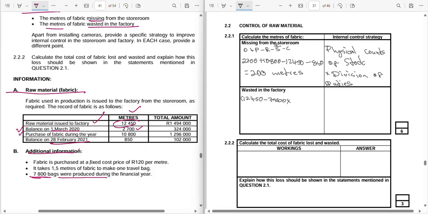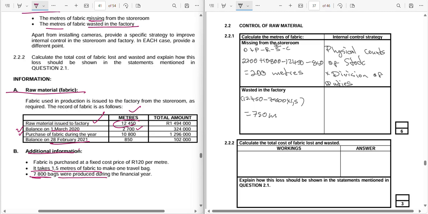You see, we do have fabric meters. They are saying it takes 1.5 meters of fabric to make one travel bag. So you multiply by 1.5 there. You can just do this aside: fabric meters times units sold and produced, right? When you punch this in a calculator, we are getting 750 meters. That's what was wasted there.